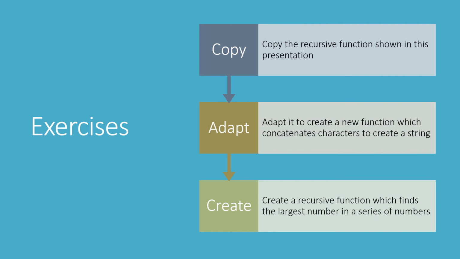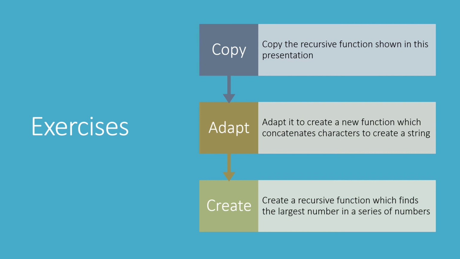So I'm going to leave you with 3 programming tasks, and you can go as far through these 3 tasks as you're able to do. The simplest task is to simply copy the recursive function shown in this presentation, write a main program which calls it, and then run the program to see what happens.